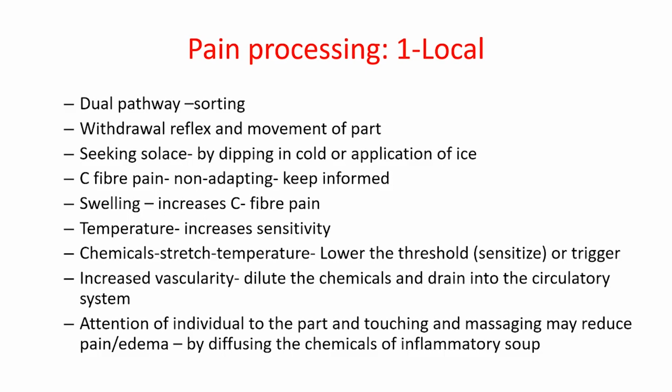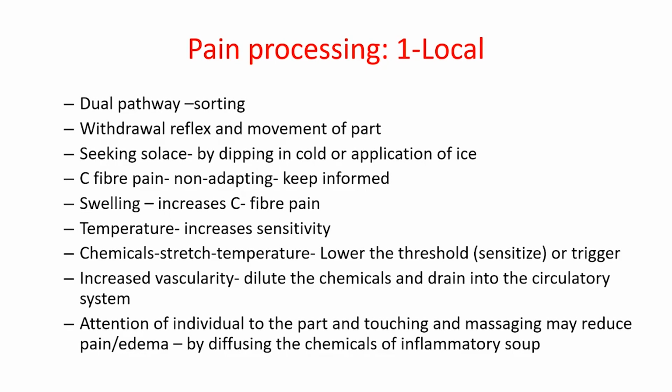The brain processing begins at the local level itself. First of all, there are dual pathways. The dual pathways isolate the pain as fast pain or slow pain, that is with a low threshold or high threshold.